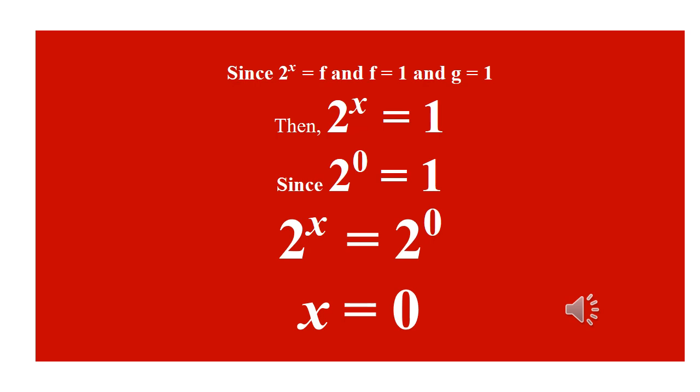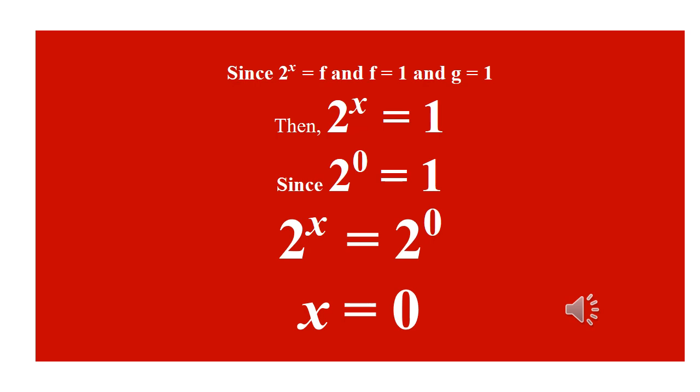So since 2 raised to power x equals f and f equals 1, then we can just plug in the values. If you remember, when we started solving, we said we should plug in 2 raised to power x as f. Now our f is 1. It means we can replace 2 raised to power x as 1, or equate it to 1.